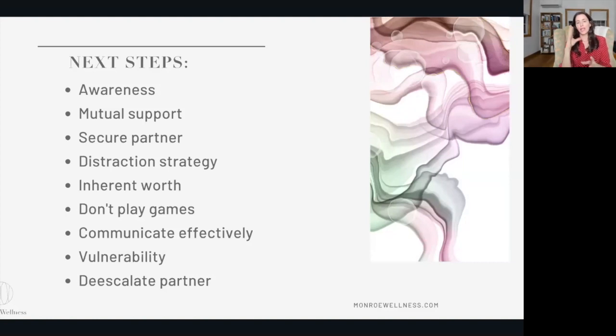Don't play games and communicate effectively are going to be one and the same thing. If you can communicate effectively that you need your space, or that you understand that they want to connect with you and you also want to finish this task at work, or look up something on your phone first, and then circle back around, right?